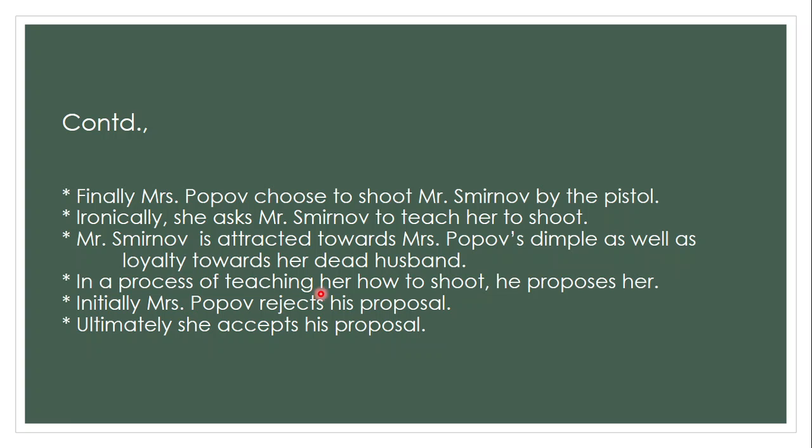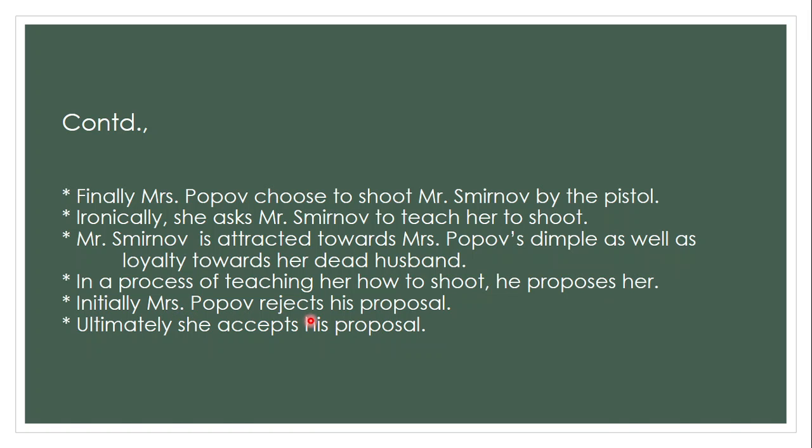In the process of teaching her how to shoot, he proposes to her because he couldn't resist his emotions. Maybe, the other way around, it is his weakness towards women. Though he learnt a lesson many times, he never stops moving towards women.